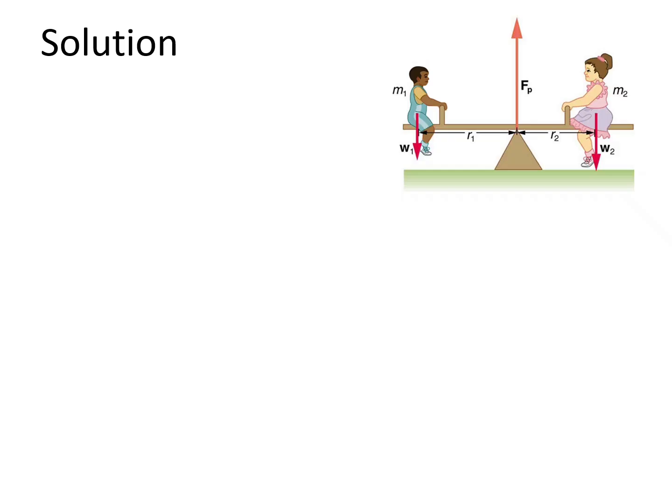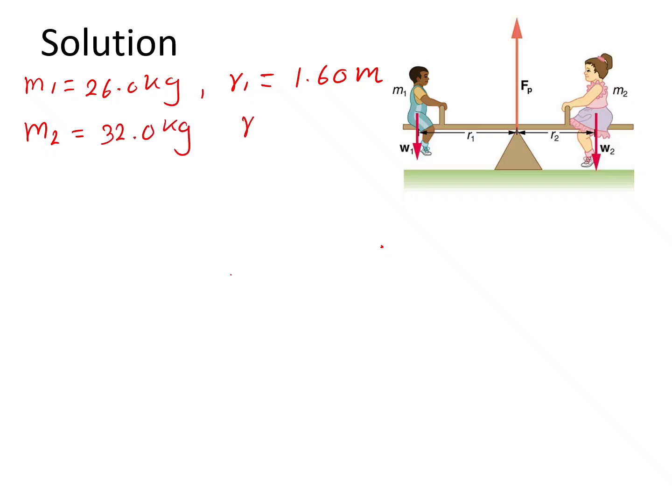Let's first write down the given values. M1 is 26 kilograms, R1 is 1.6 meters, M2 is 32 kilograms, and R2 is what we want to find. For part A, let's select the pivot point as the axis for calculating torque. This is a smart choice because the pivot force acts at the pivot, so it has 0 lever arm and produces no torque about that point.